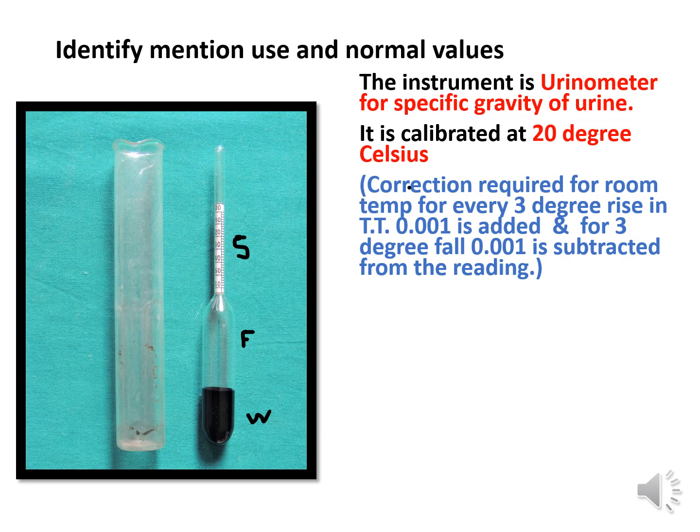For every 3-degree rise above 20 degrees you have to add 0.001, while if the room temperature is below 20, for every 3 degrees you subtract 0.001 in the reading. So this may be asked in the viva.